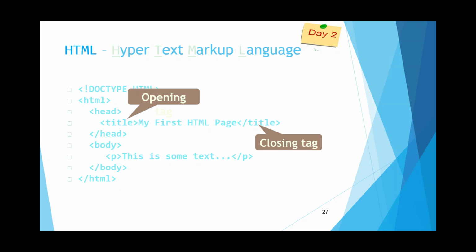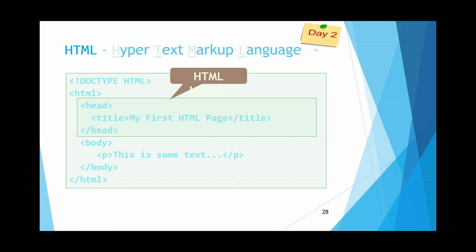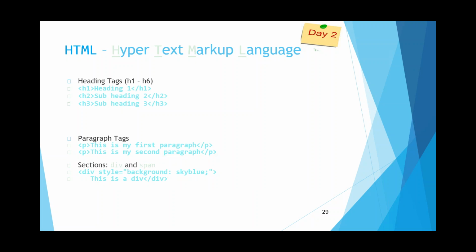We will see the different types of elements available in hypertext markup language. So this is the header section and then the body section. We have different types of tags, and all these are display tags. One is the heading tags, h1, h2, h3. These are very important and give you a predefined format.